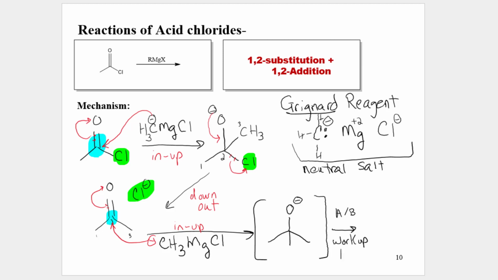And again, I'm going to need some sort of acid. Think about what you were working under. You were working under strong nucleophile, which also means strong base conditions. So it makes sense that the workup would have to be acidic to neutralize everything. And I made an alcohol.